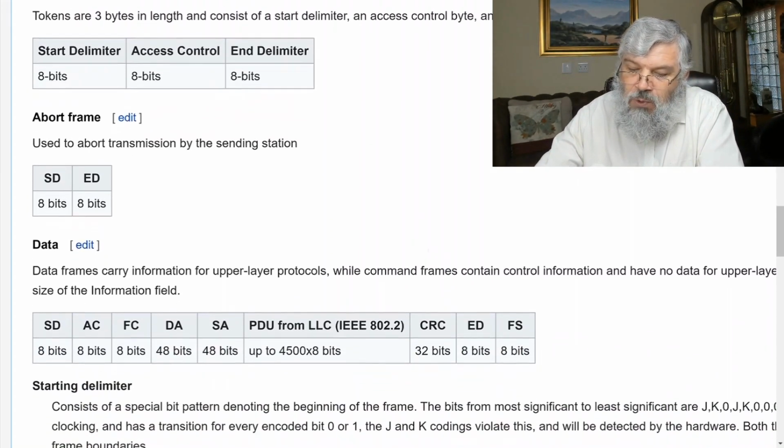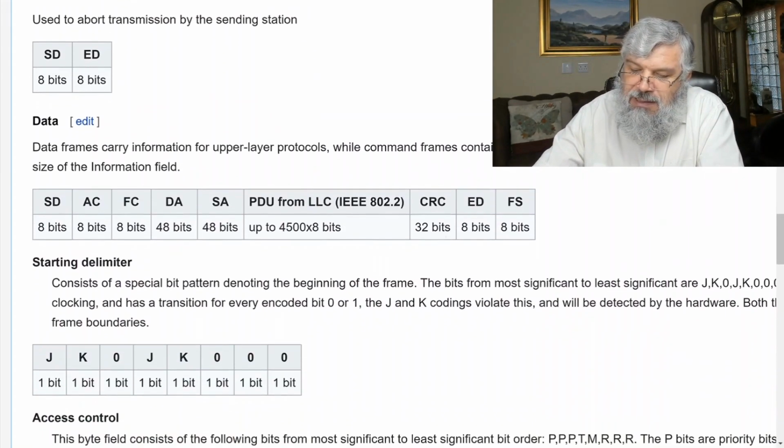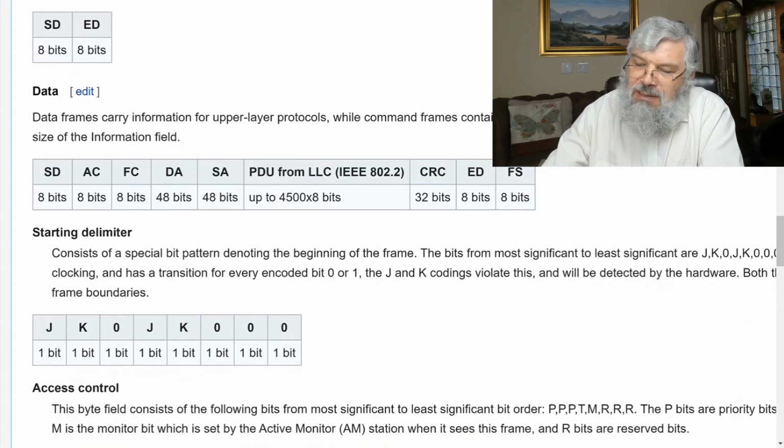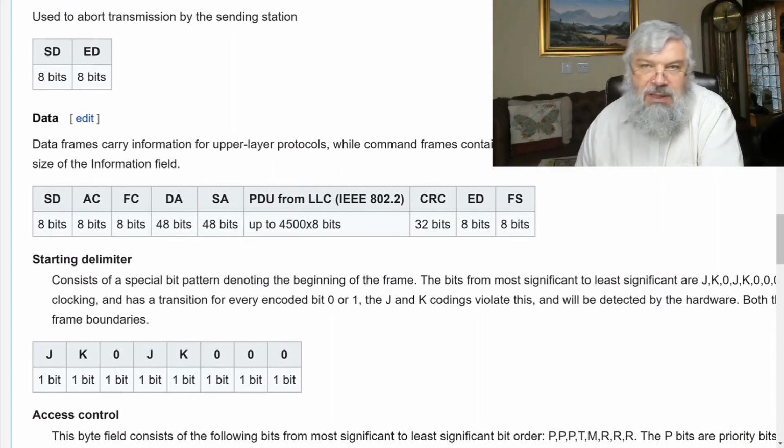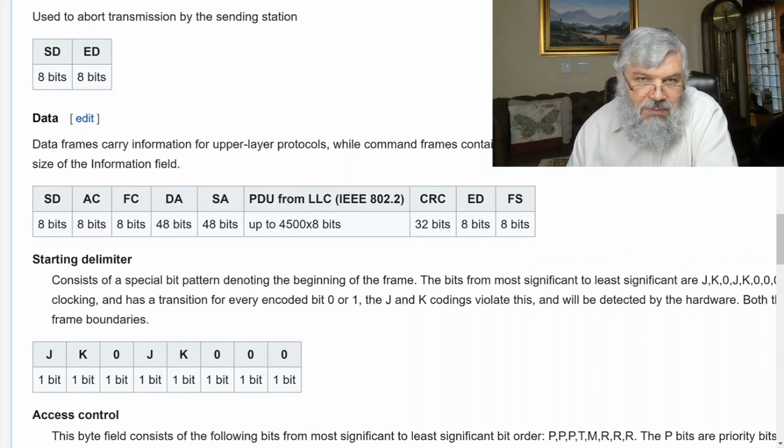There's also an abort frame, and then the next one that is arguably the one that we should spend most time discussing is the data frame, the one that is used to carry data.